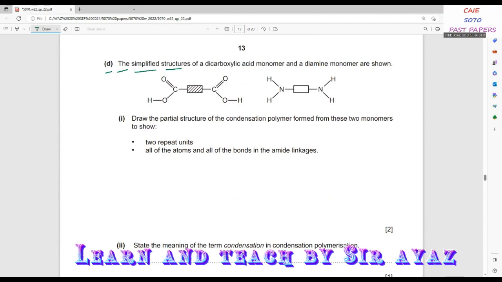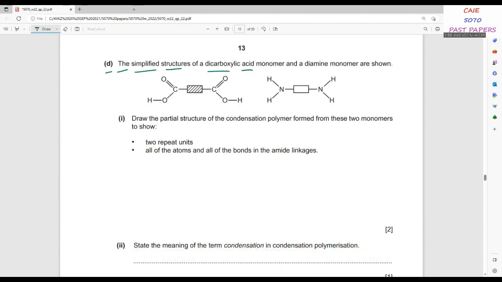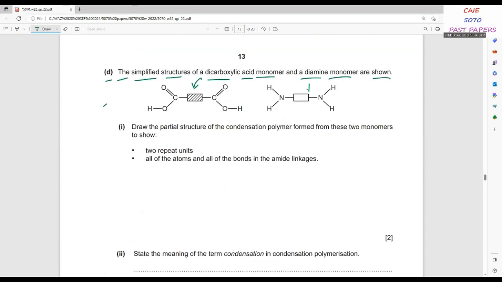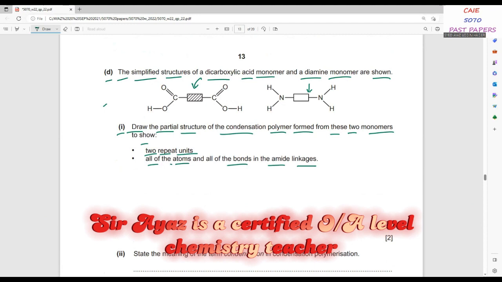D. The simplified structures of a dicarboxylic acid monomer and a diamine monomer are shown. This is the dicarboxylic acid, and this one is the diamine. Number 1, draw the partial structure of the condensation polymer formed from these two monomers to show 2 repeat units, all of the atoms and all of the bonds in the amide linkages. So you have to show 2 repeat units, which means you have to show 2 amide linkages. So I will start with the dicarboxylic acid.